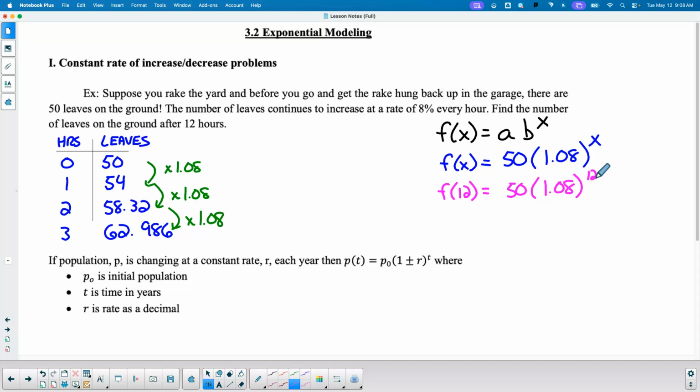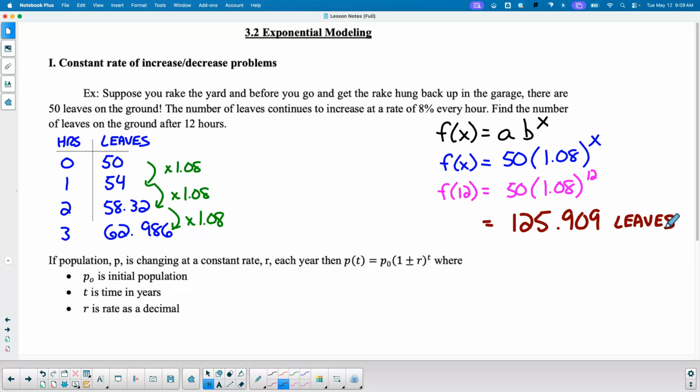And I get that there are 125.909 leaves on the ground. Okay.